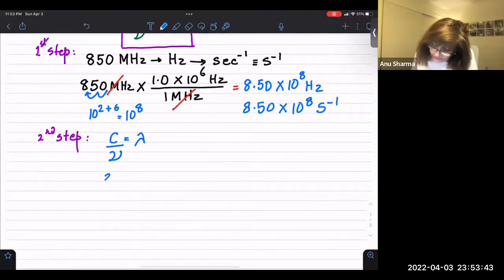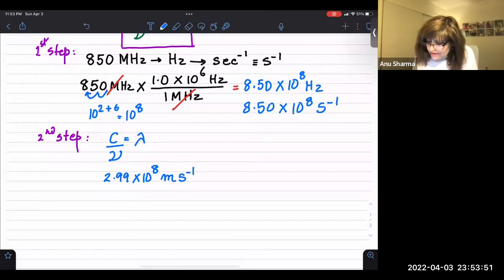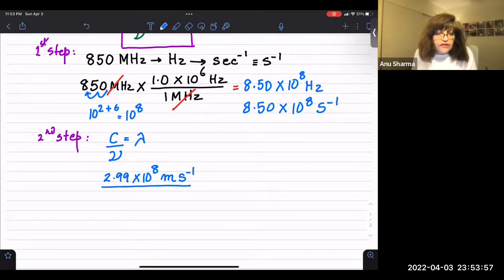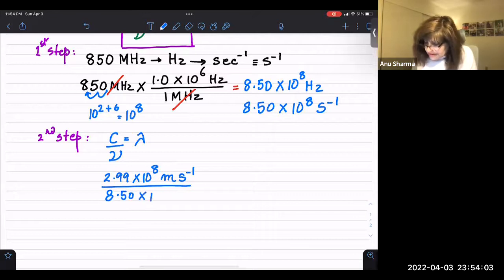So write this down: 2.99 × 10^8 meters per second, over the frequency, which is 8.50 × 10^8 seconds inverse. And this is equal to the wavelength.